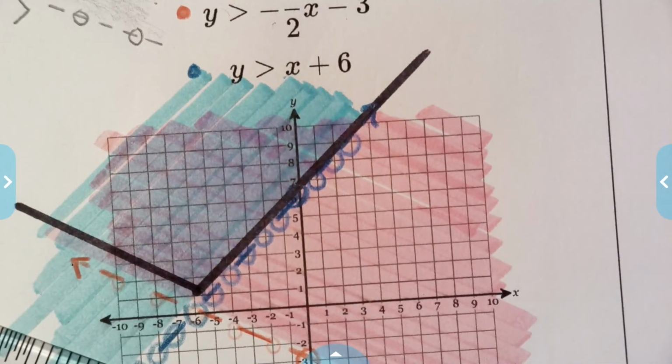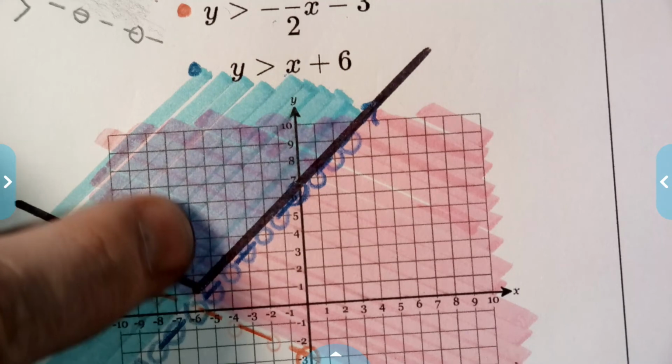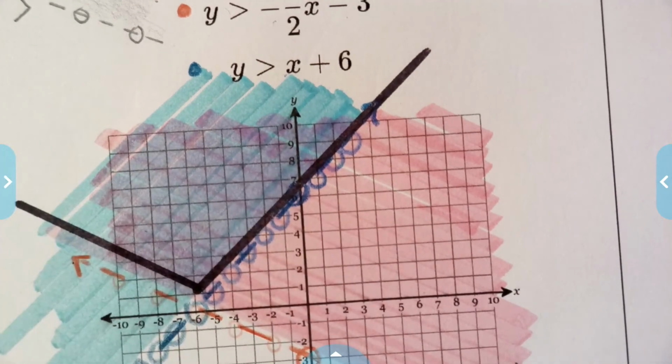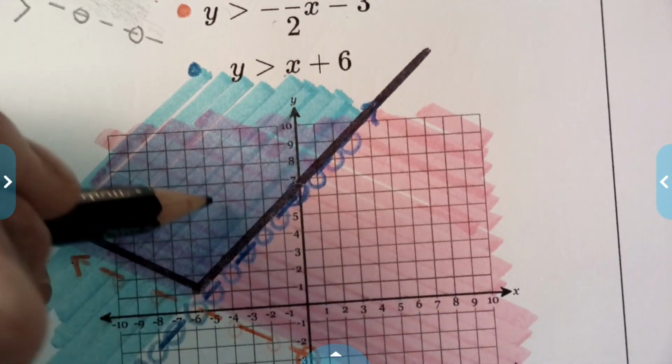And so you just have to pick a point inside that zone, okay? And I mean, pick something easy, -6, comma 6, right? So that puts me right here.